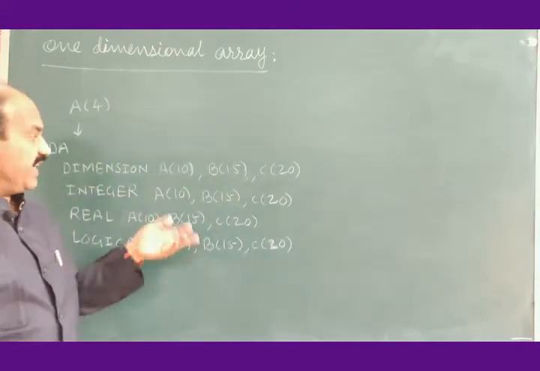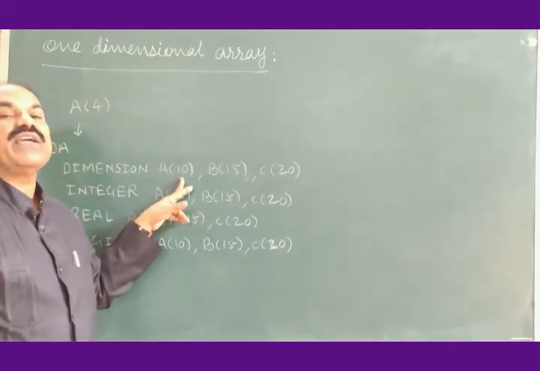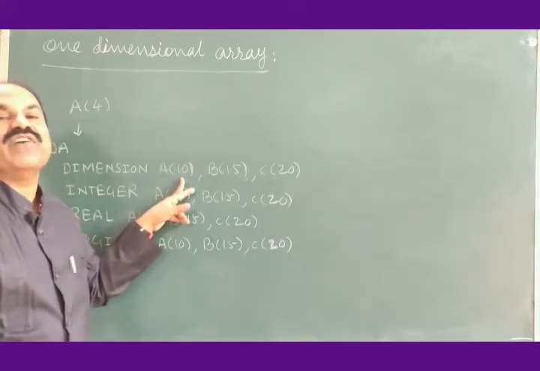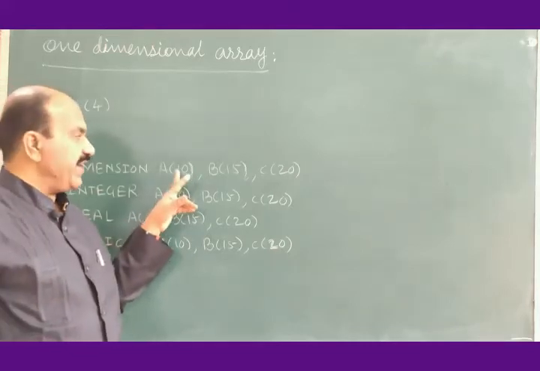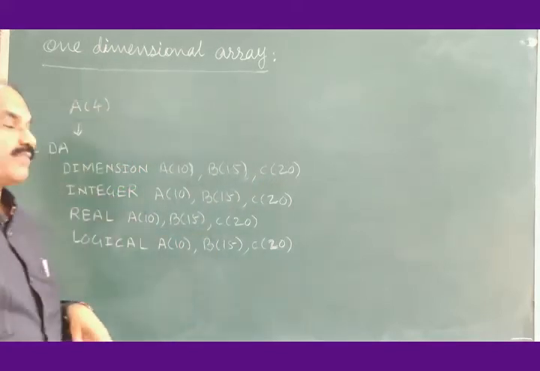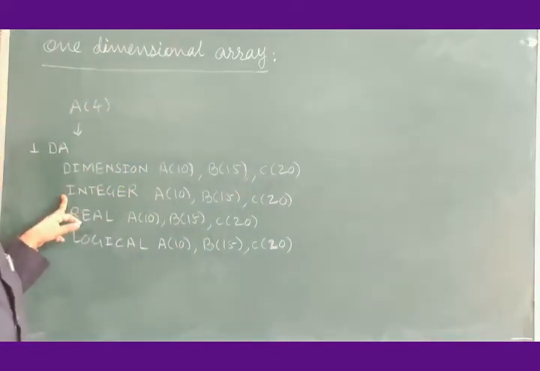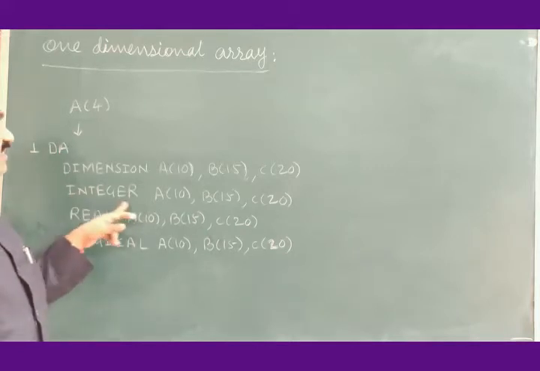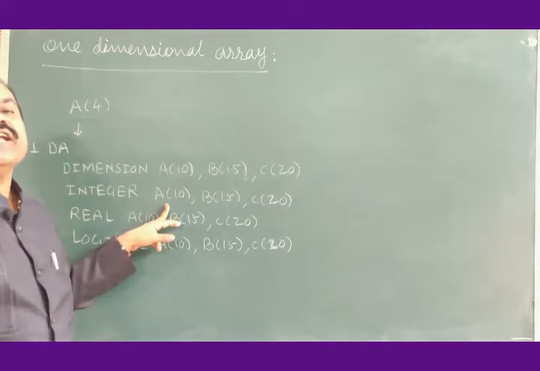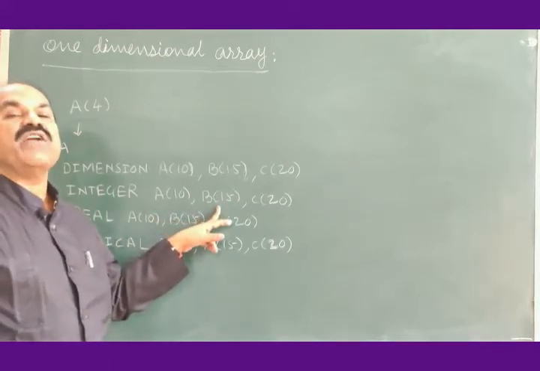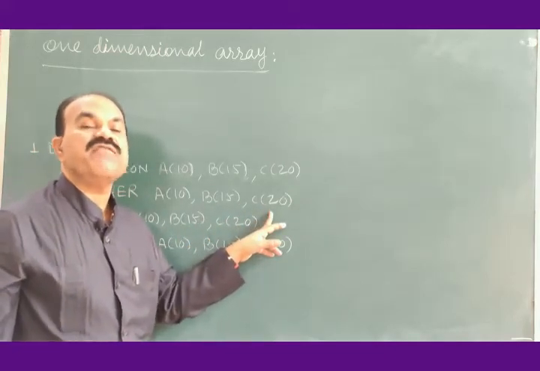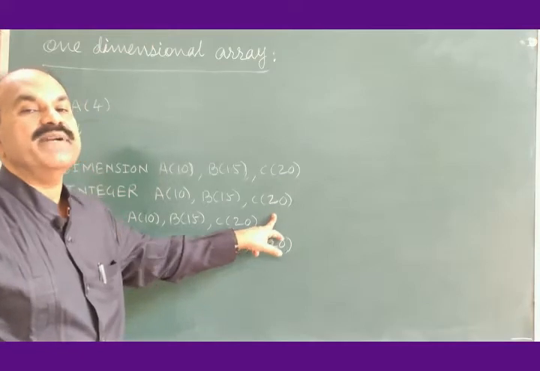When we read elements for A, in the format you are going to specify the type of element for A as well as for B and C. When we come to this, it means that it is a one-dimensional array which has 10 integer elements, one which has 15 integer elements, one which has 20 integer elements.